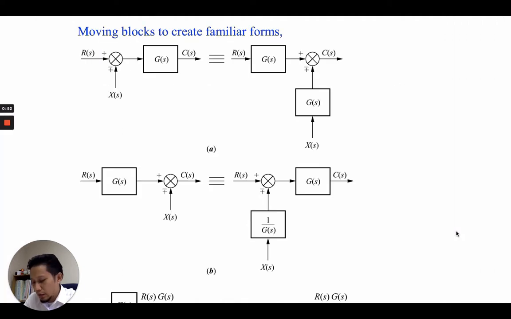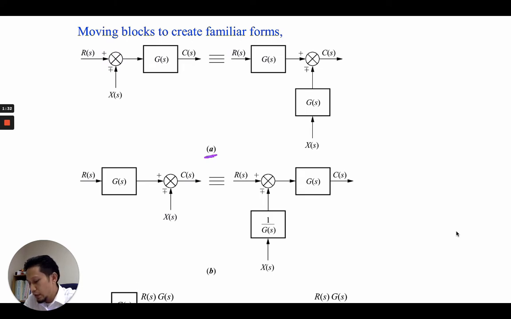So now we will embed all those block diagrams, where we can move the blocks to create familiar forms to solve and to find the simplified version of the block diagrams. So the first one we have A here. We have a summing junction over here, and then we have an input and another kind of feedback path coming into the summing junction.